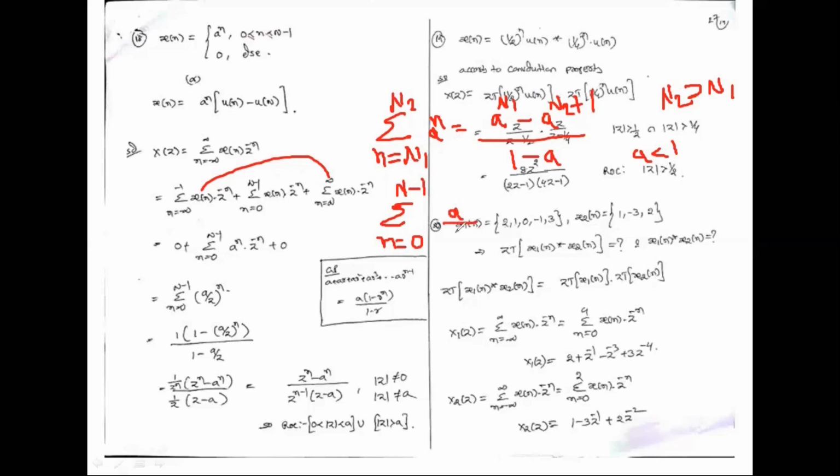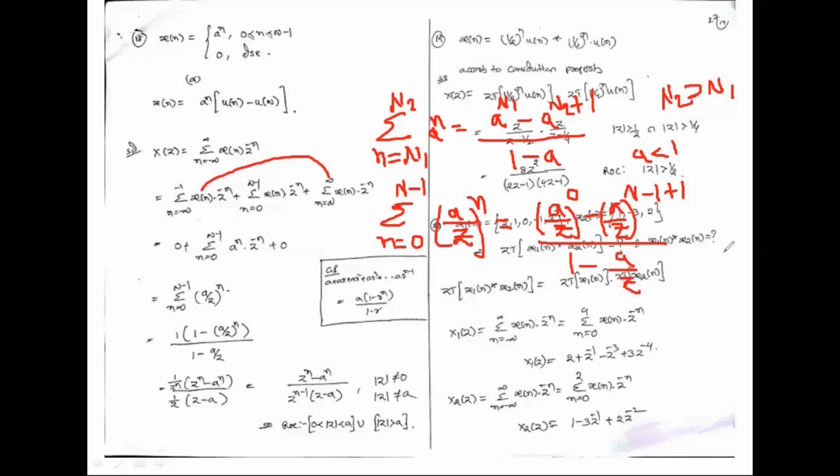The sum of (a by z) whole power n is equal to, now I am taking a as a by z: (a by z) whole power 0, because n1 is 0, minus (a by z) whole power n2 plus 1, that is N minus 1 plus 1, whole divided by 1 minus a by z.